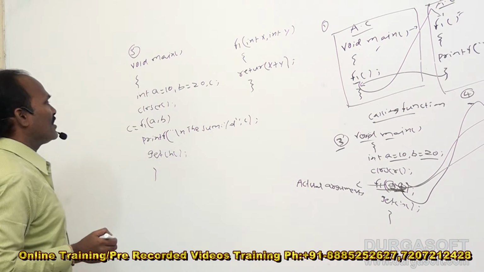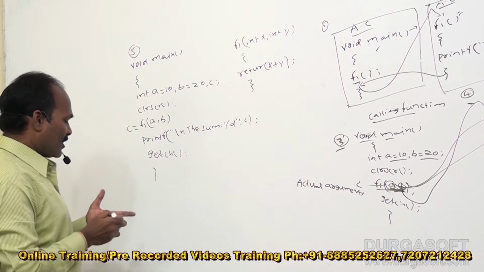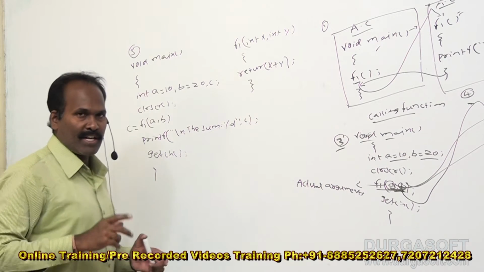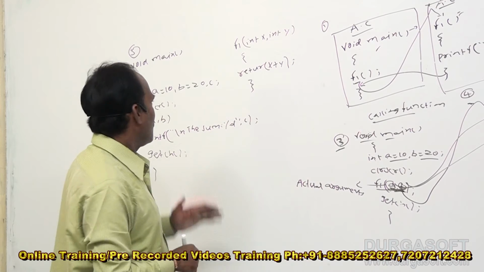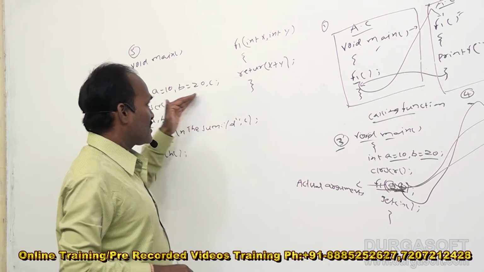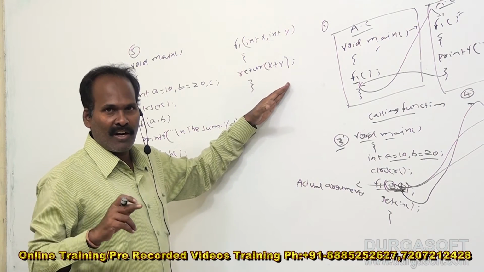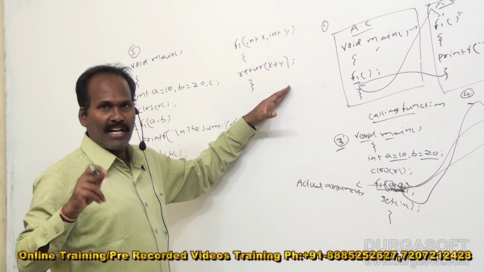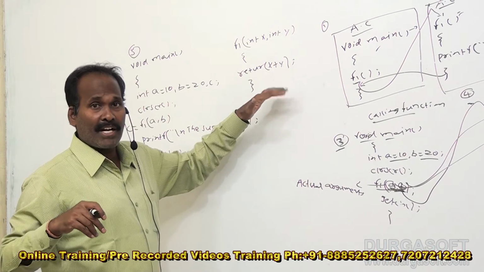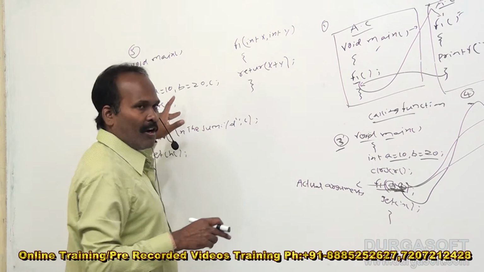See, this is the third category. So in the third category, two-way data communication occurs. It means the calling function is going to pass values to the called function, and in the called function some calculations occur. At the end of the calculations, the calculated value will be returned to the calling function.